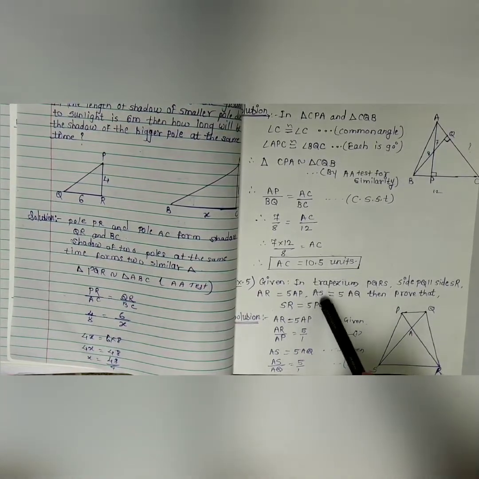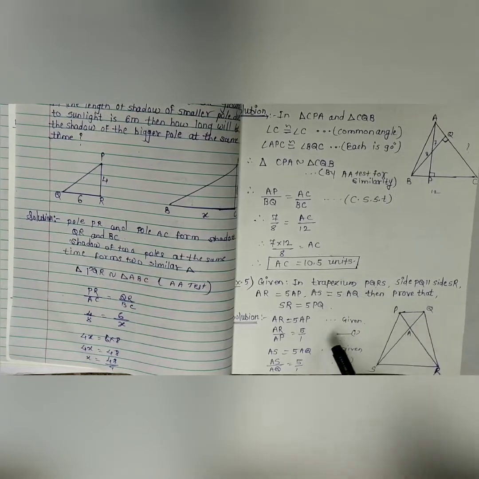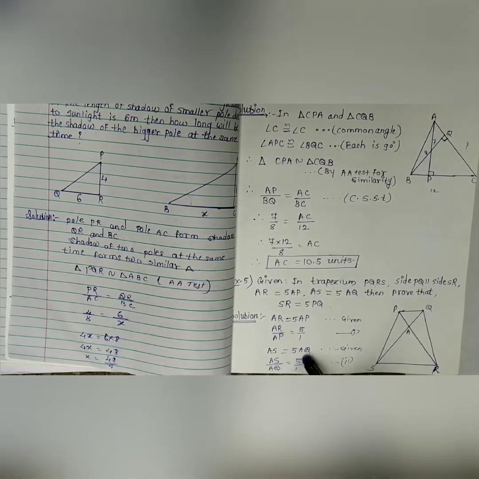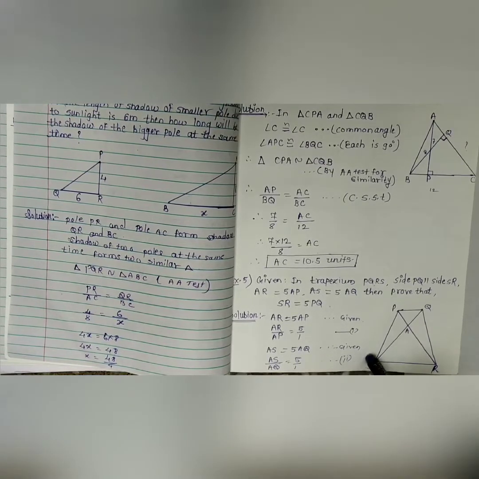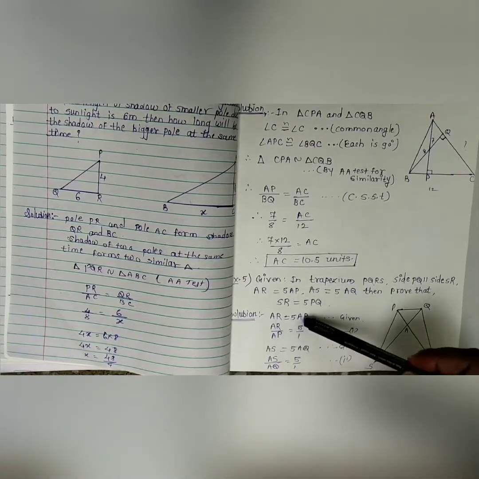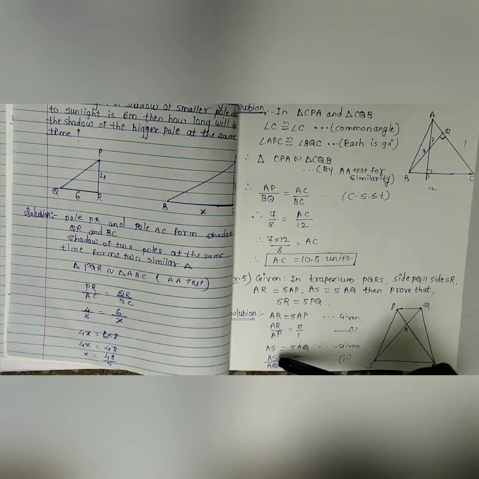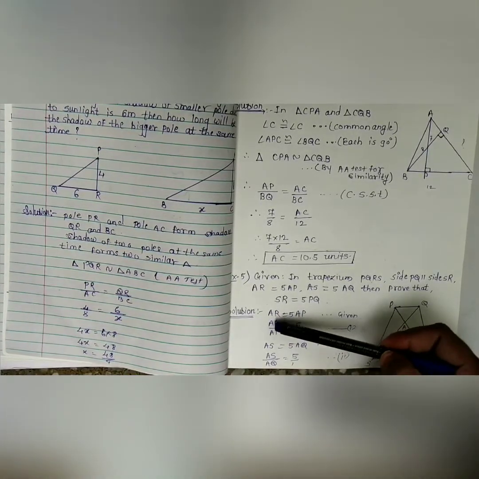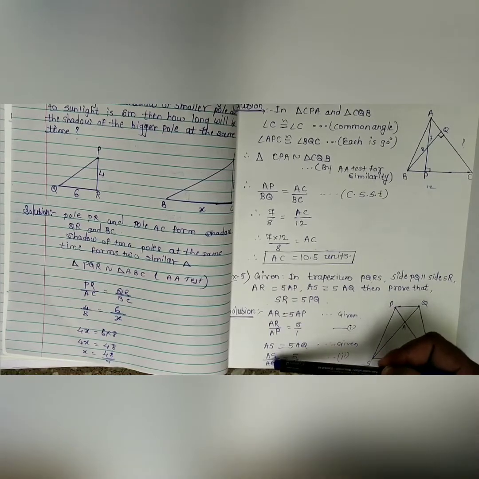Now next, we are given that AS is equal to 5 AQ. Therefore AS upon AQ is equal to again 5 upon 1, and this is the second equation. What is the value of AR upon AP? 5 upon 1. And the value of AS upon AQ is also 5 upon 1. Means AR upon AP is equal to AS upon AQ.